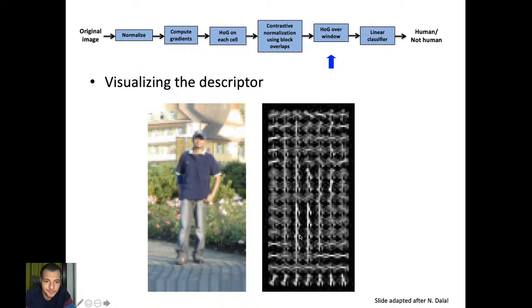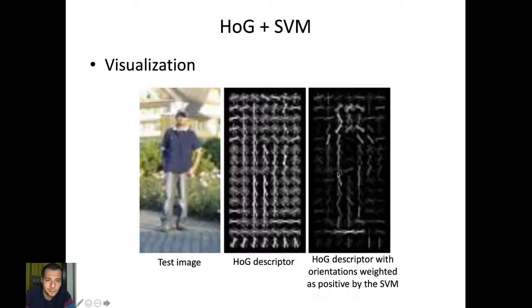Most of the gradients are vertical, and you can actually obtain a better visual representation if you apply an SVM on top of HOG, because the SVM puts weights on the representative gradient orientations.